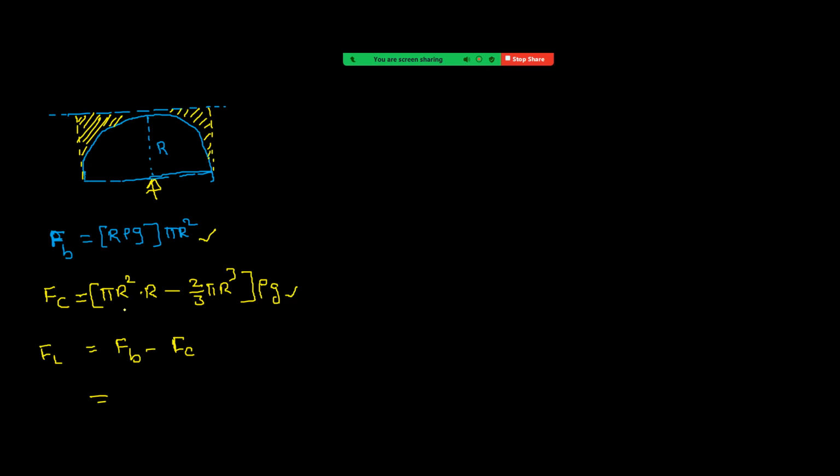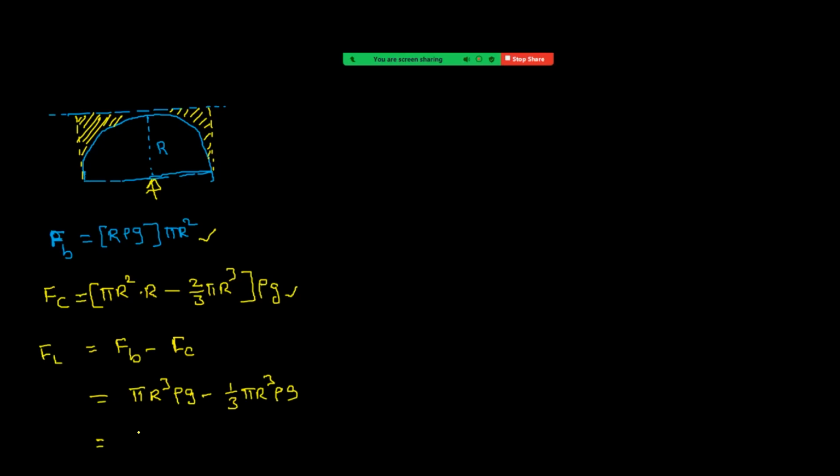See how much it is. This is pi r cube, into 2 by 3. The remaining is 1 by 3. So pi r square into r, pi r cube into rho g, minus 1 by 3 pi r cube into rho g.